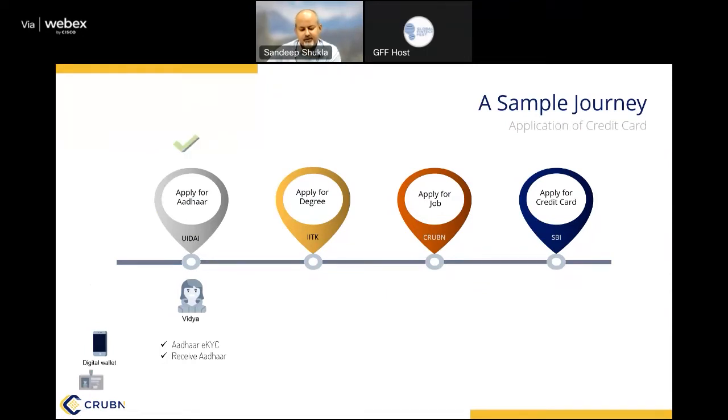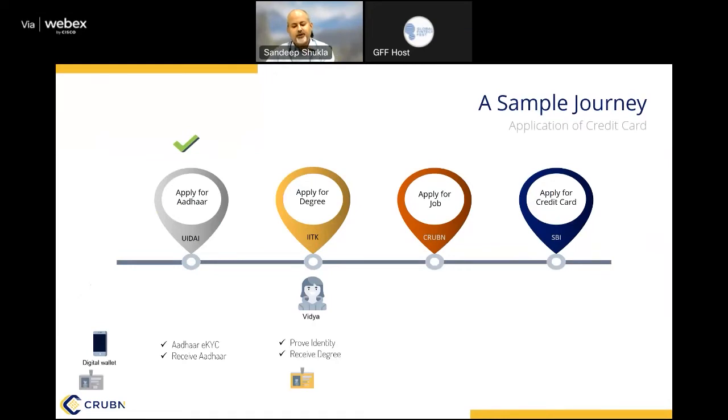Now let's say she wants to apply for her degree from IIT Kanpur, and currently IIT Kanpur provides degrees in this form. She will be able to do that once she proves who she is, and for that she will use the Aadhaar eKYC that she got as a verifiable credential. So now she will use that to prove her identity to IIT Kanpur.